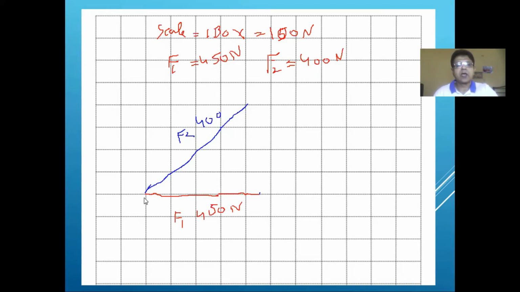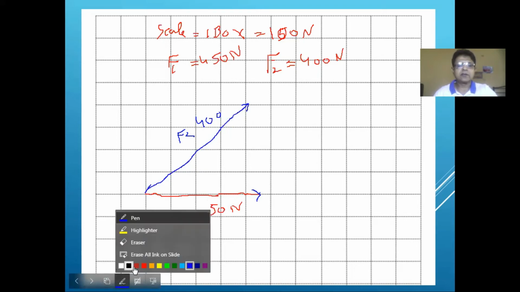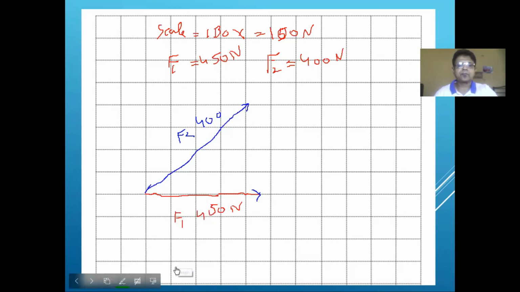Now I will take parallel lines against each vector, against each force. This is my first force, this is the second. Again, I will select one from here parallel to F1.